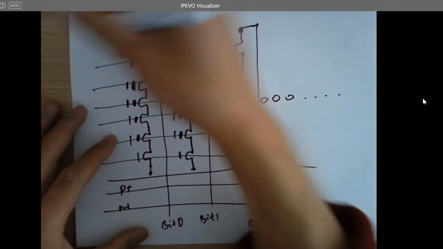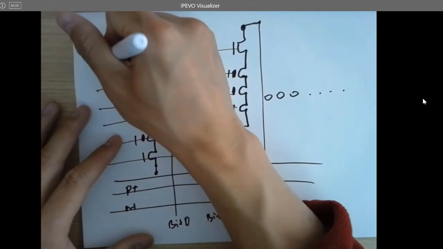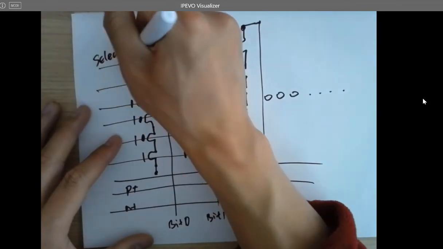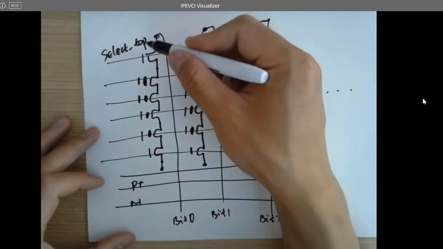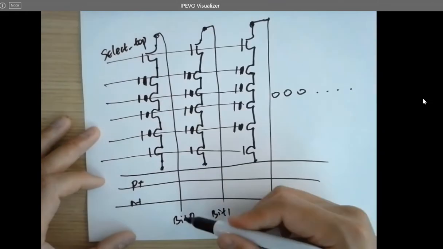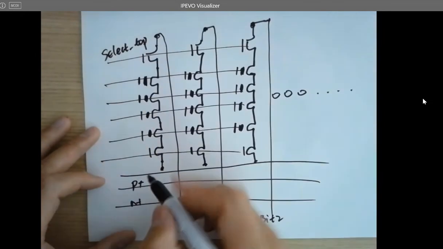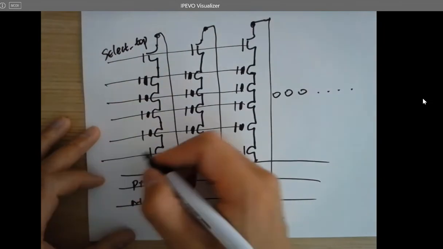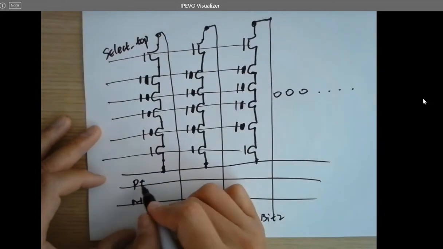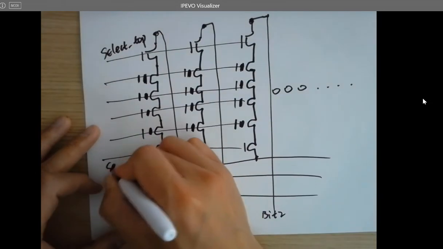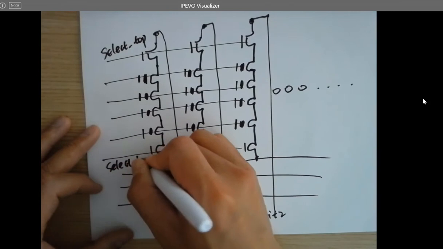So this is called select top. Just providing a switch so you can control the connection between the bit line and also the memory cells. And also you can have another one here at the bottom. So we can short it here, but it's not necessary to be shorted to the P plus. Select bottom.